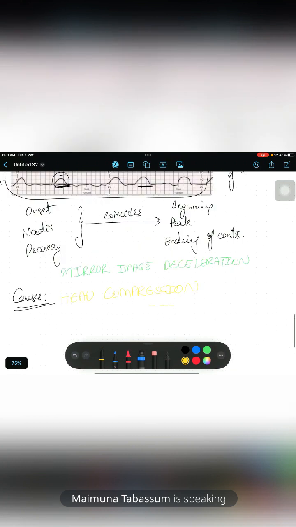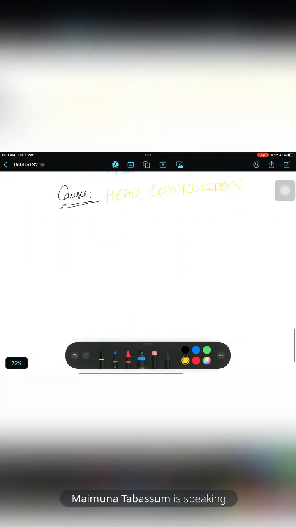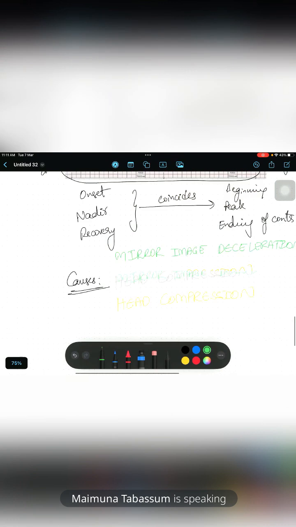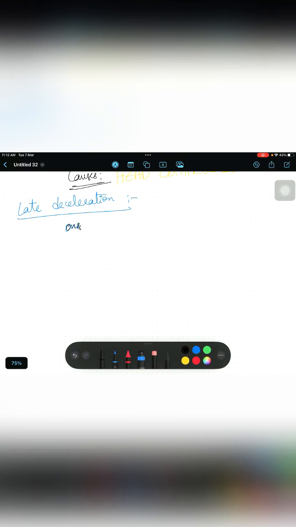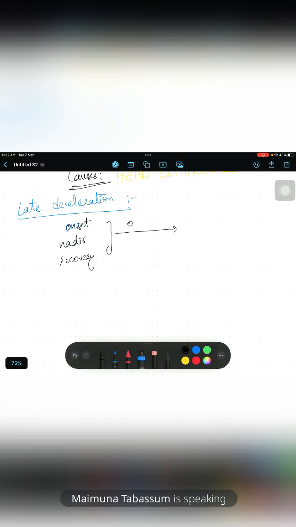So this is about the early deceleration. Coming to the late deceleration. In the late deceleration, what happens? These are also uniform, periodic, repetitive slowing of the heart rate with onset, nadir, and recovery.